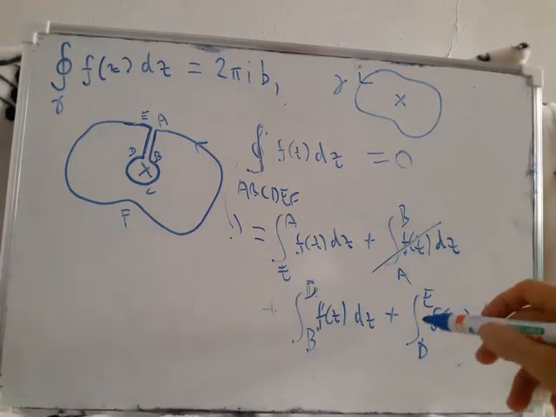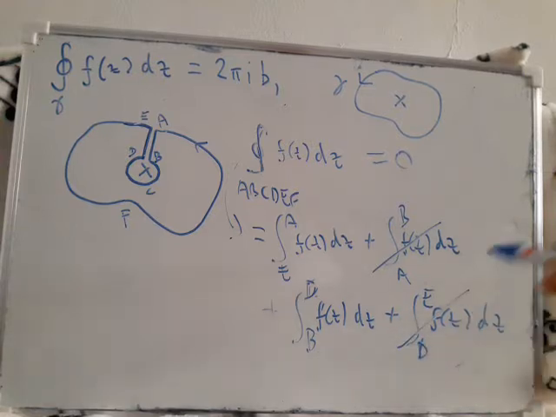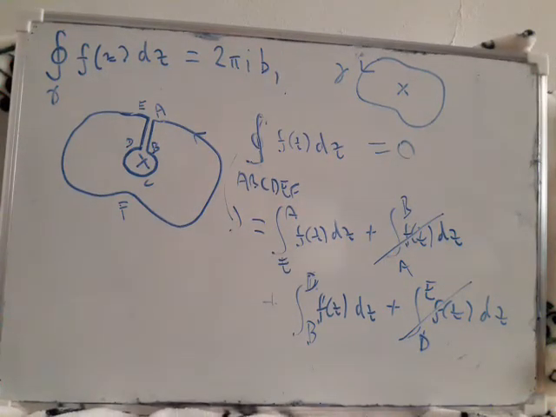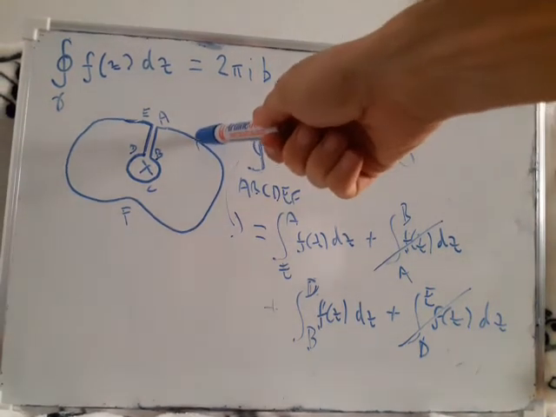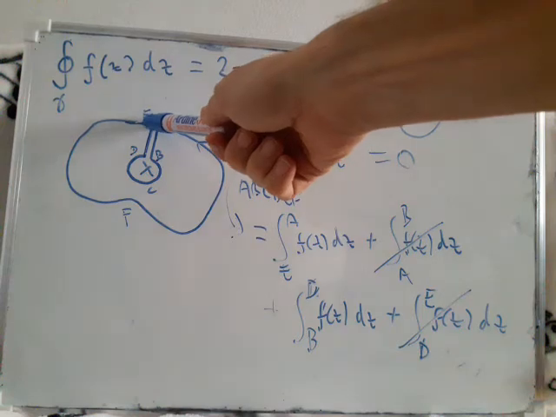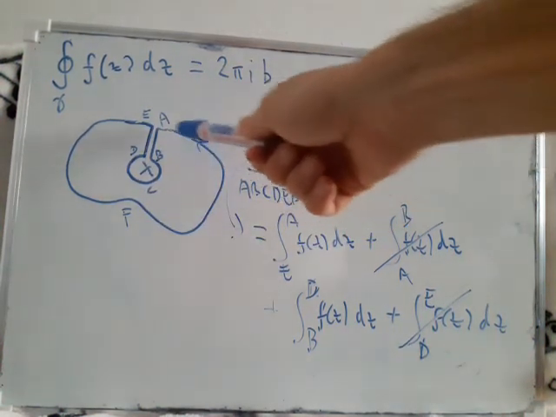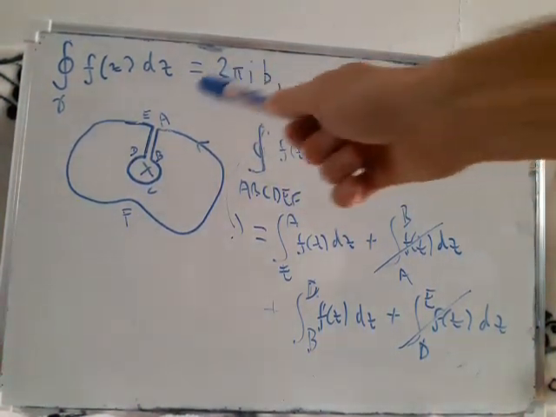This integral is equal and opposite to this integral, which means that we're left with the result that this integral, as A gets closer and closer to E, is really the integral we're after. We're after this integral around here without a gap.